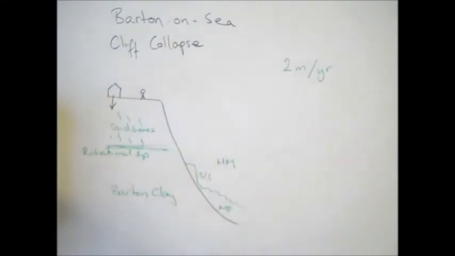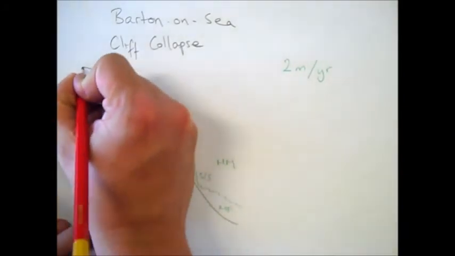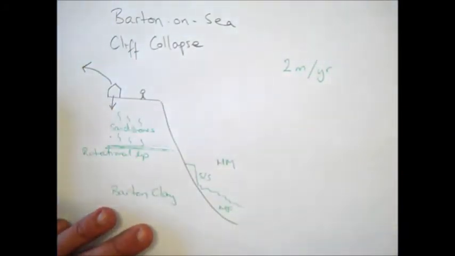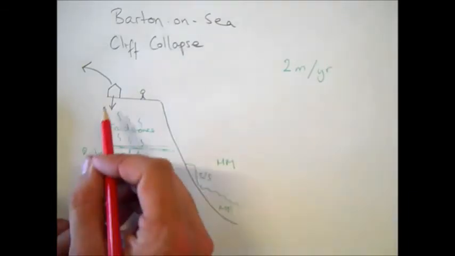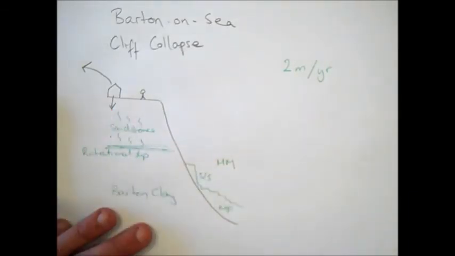So now we want to look at the impacts of cliff collapse or cliff retreat at Barton-on-Sea. Obviously, similar to the coastal flooding, we're going to see people moving away from the area, resulting in a breakup of communities. Barton-on-Sea is already and will continue to suffer from a population decrease. On top of that, people are obviously going to lose their homes and belongings.